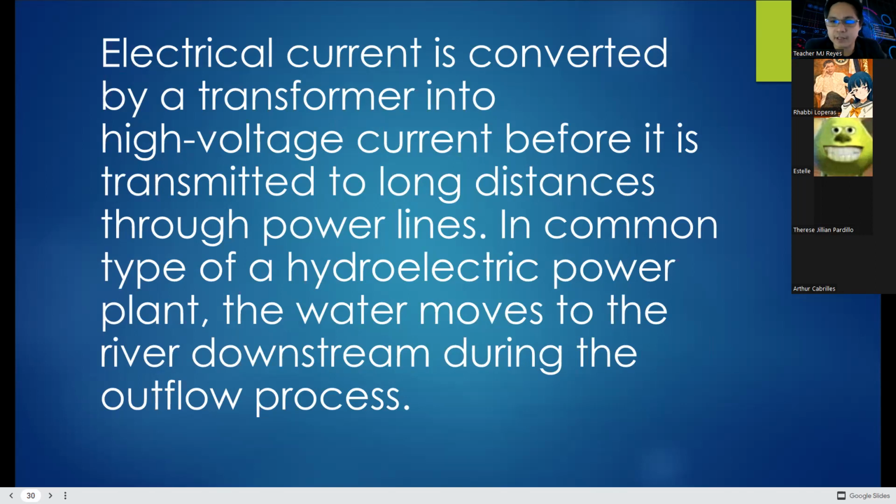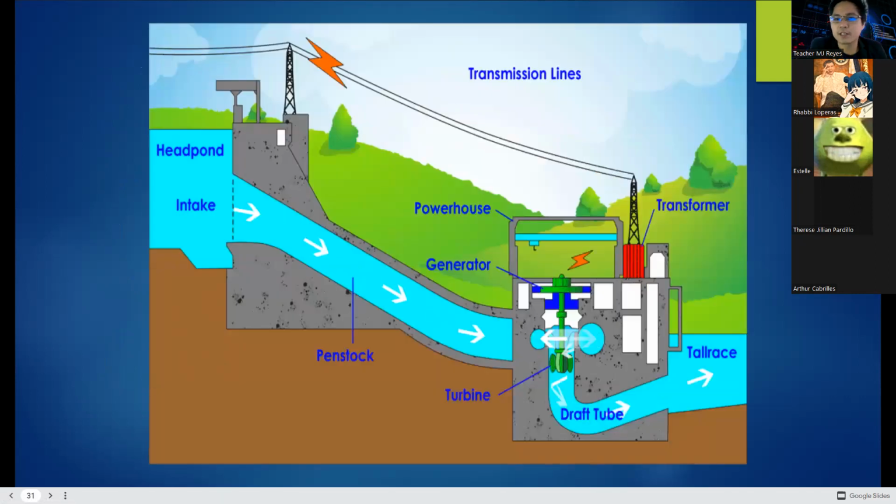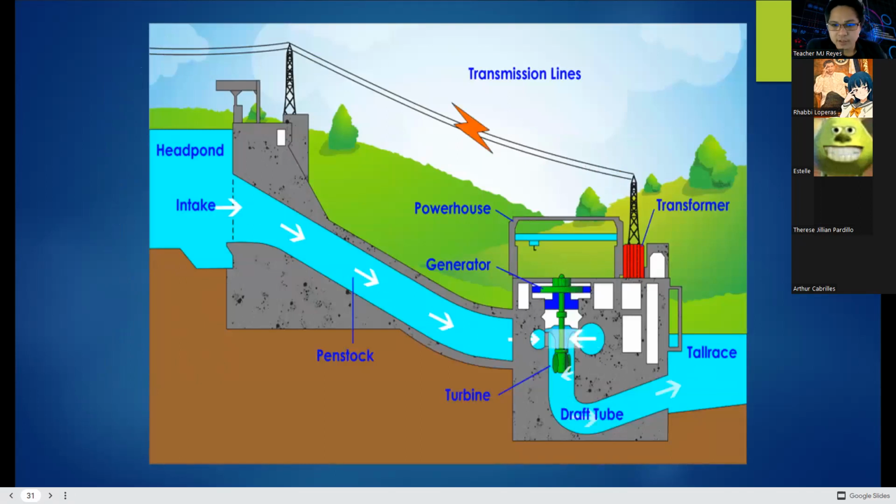In Japan, it's 110. In a common type of hydroelectric power plant, the water moves to the river downstream during the outflow process. So this is now the layout. Water goes from the head pond to the intake, a narrow pipeline called the penstock, going to the turbine, and the generator is above the turbine.